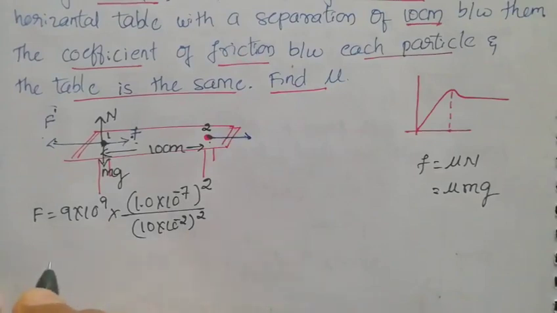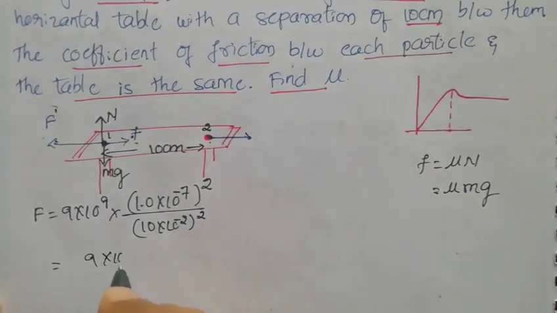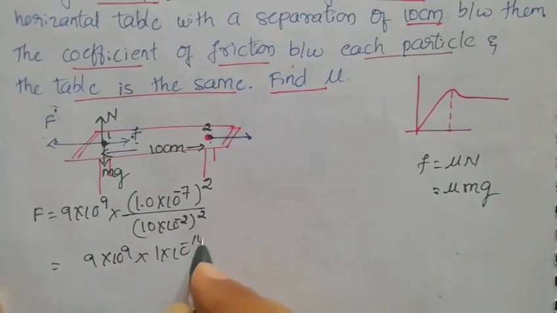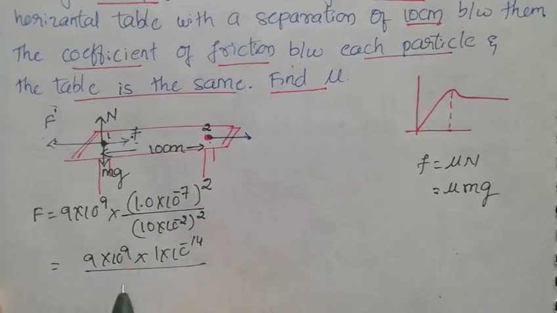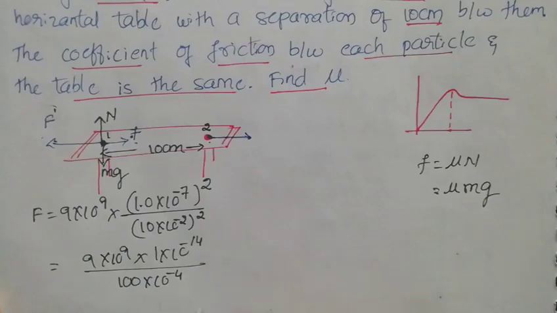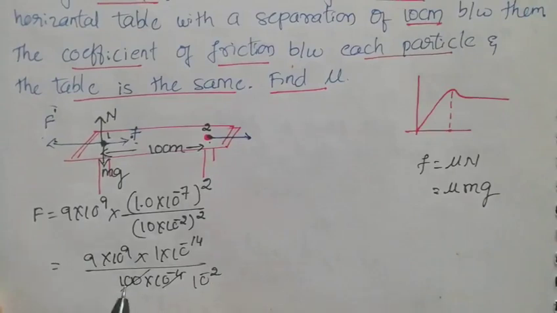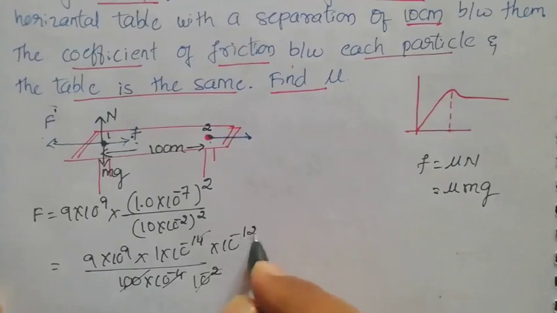Let us simplify this. We get 9 into 10 power 9 into 1 into 10 power minus 14, divided by 100 into 10 power minus 4. Cancelling the terms, 100 and 10 power minus 4 give 10 power minus 2, so the denominator becomes 10 power minus 2 and the numerator 10 power minus 12.